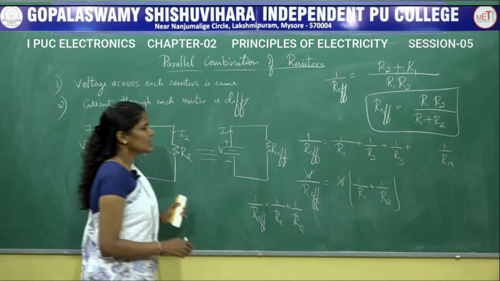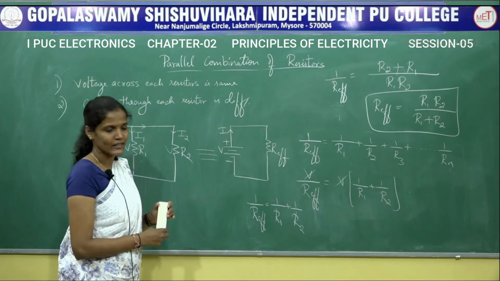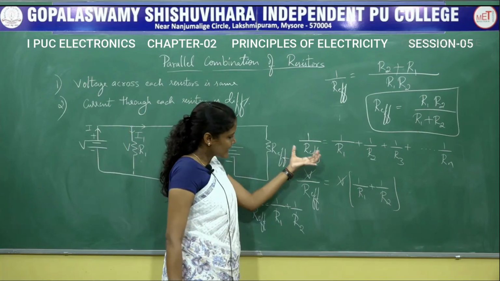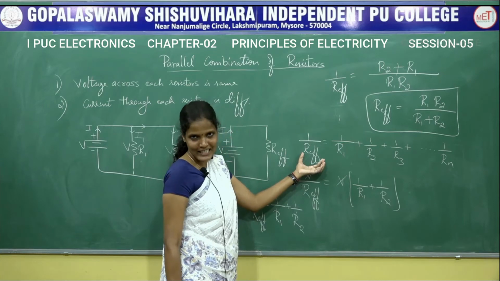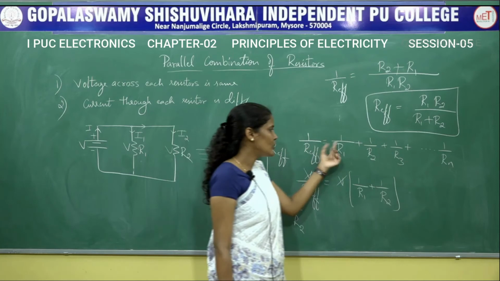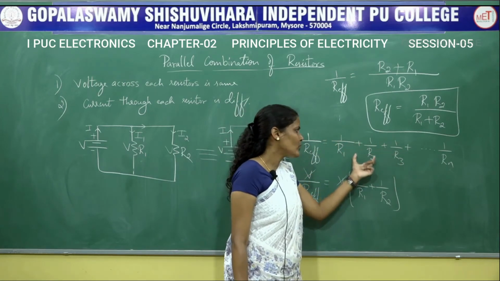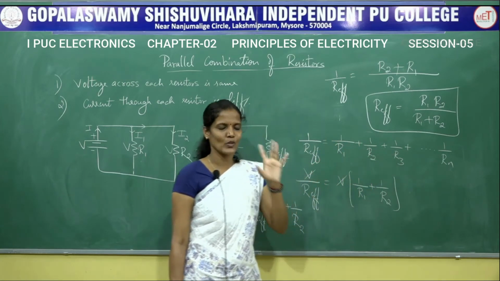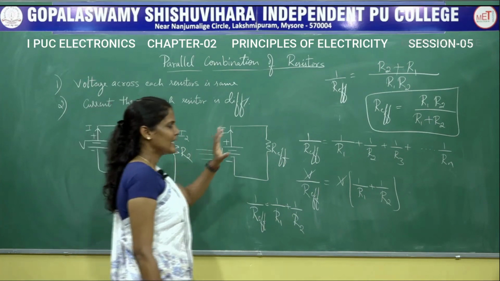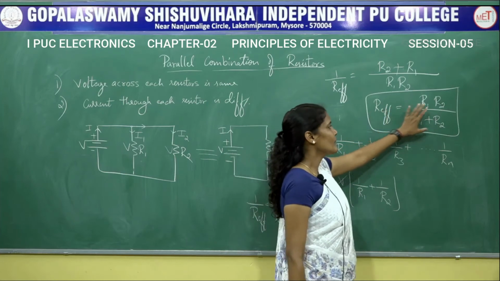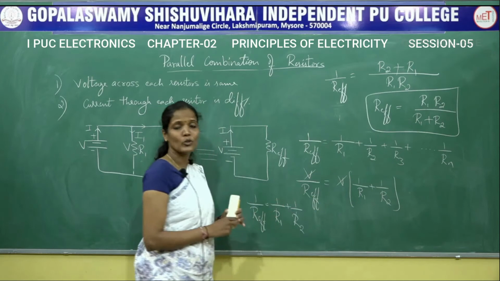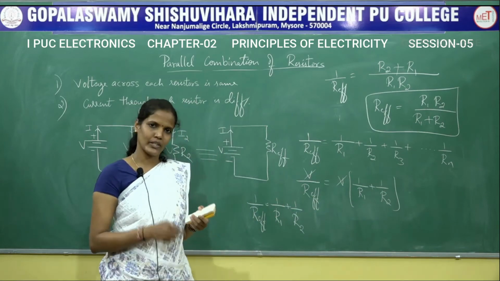So the reciprocal of the total resistance is equal to the sum of the reciprocals of the individual resistances. If only two resistors are connected in parallel, I can directly use the formula R1 into R2 divided by R1 plus R2 to calculate the effective resistance.